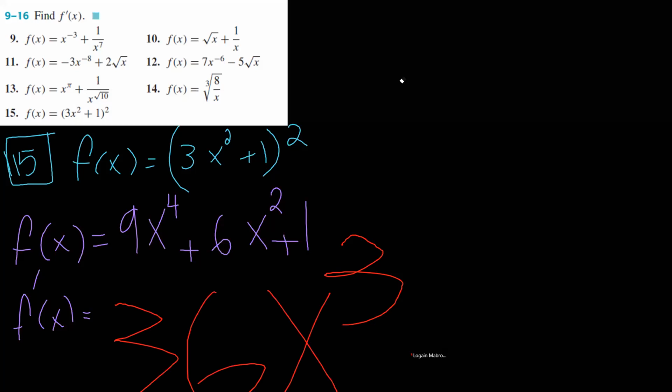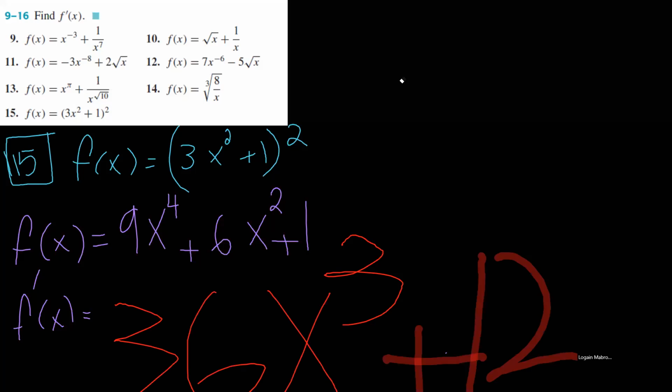So it will be 12x, because 2 minus 1 is 1, so x. And the derivative of a constant is 0. So the derivative of 1 is 0. So this will be the final answer.